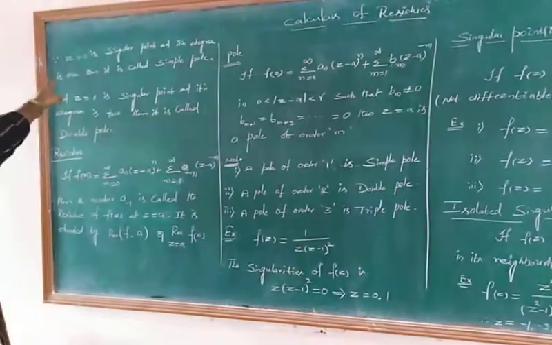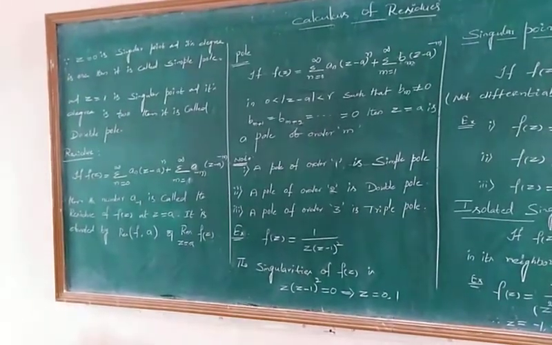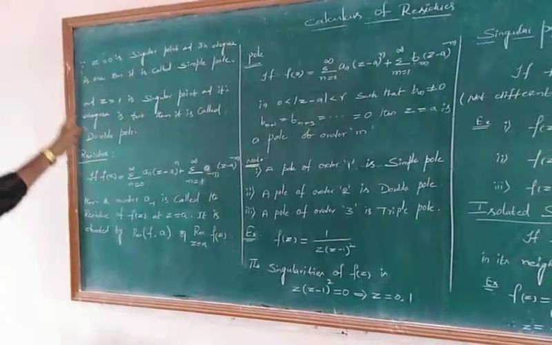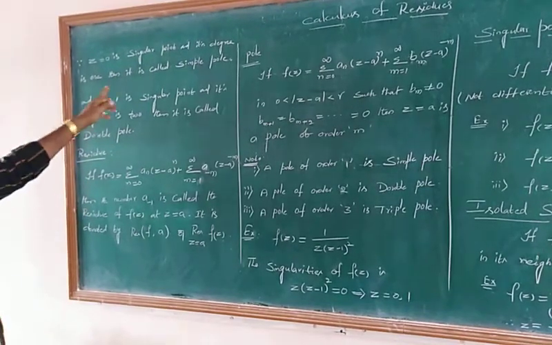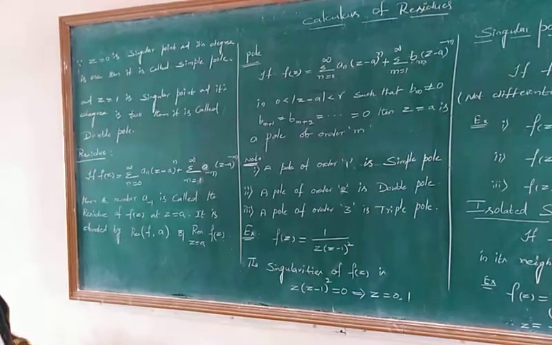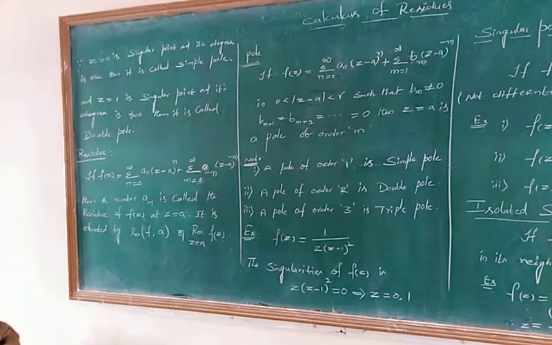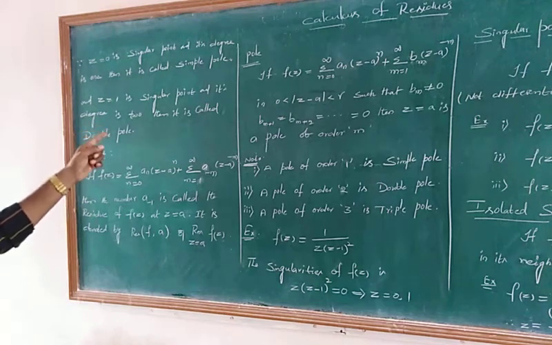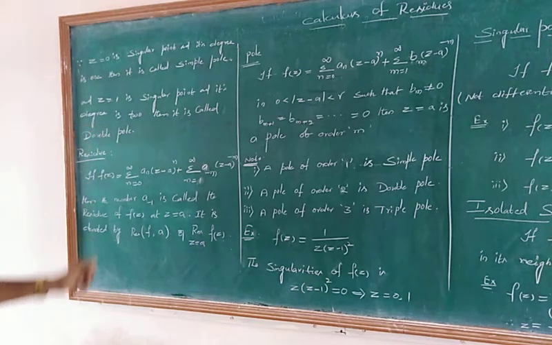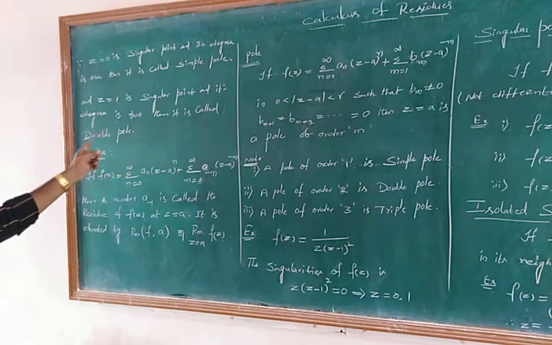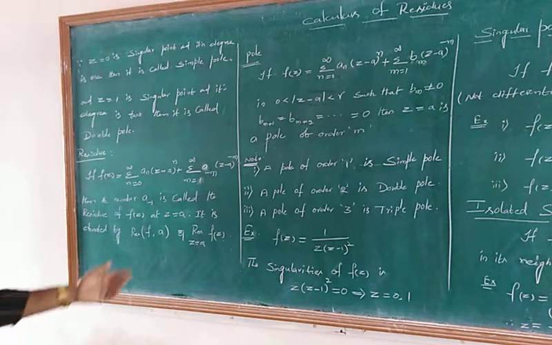Since z = 0 is a singular point and its degree is 1, it is called the simple pole. Pole of order 1, so it is called the simple pole, and z = 1 is a singular point and its degree is 2, then it is called the double pole or pole of order 2.